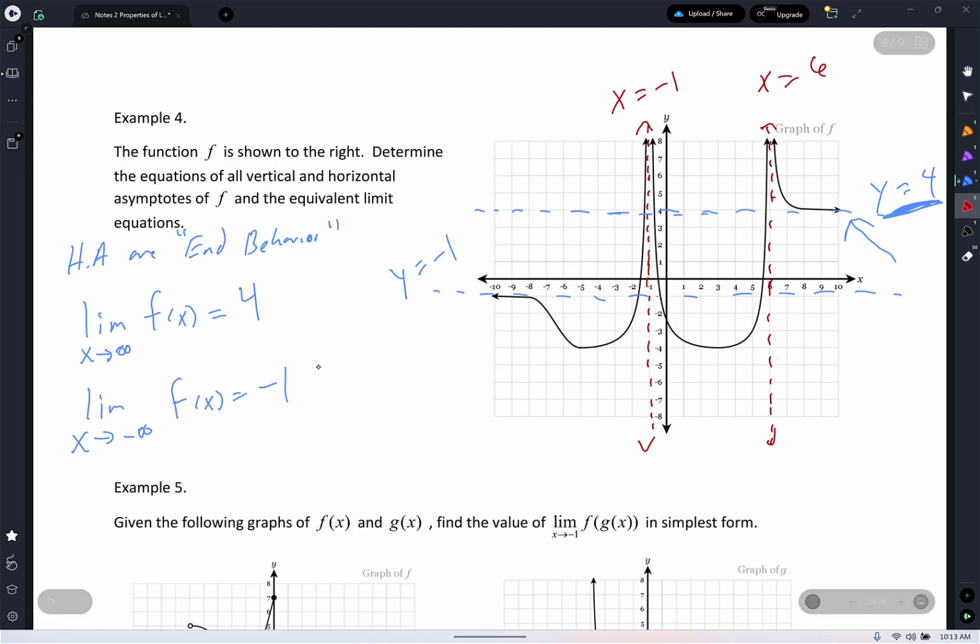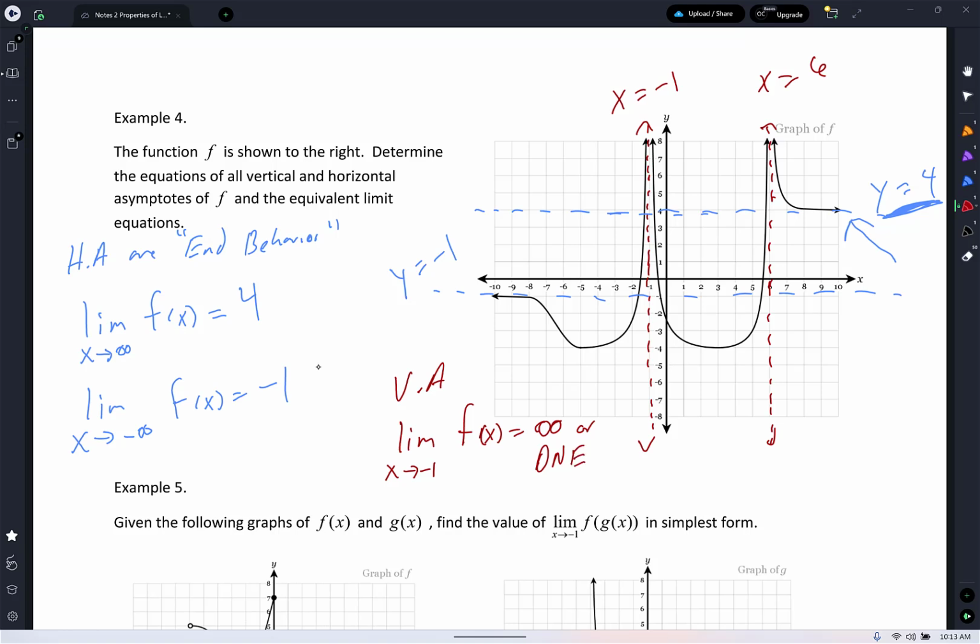All right, let me change the color for my vertical asymptotes. So I noticed that I have a behavior at -1. If you saw the videos, you're going to write limit as x approaches -1 of this function, and you can say both from the left and the right approach positive infinity. So you can either say positive infinity or you can say it does not exist.